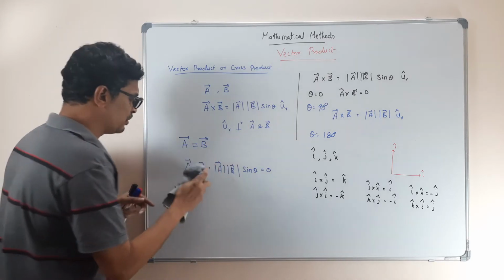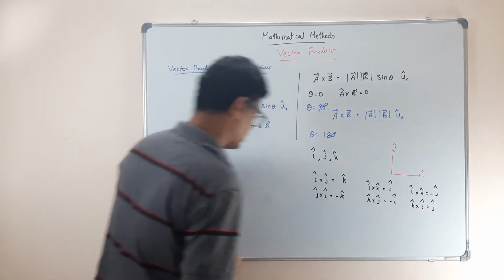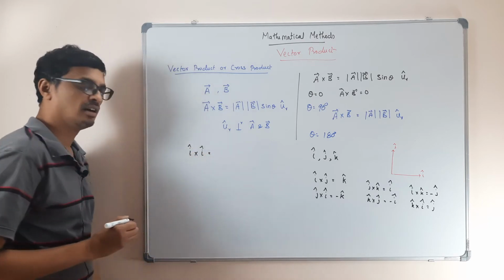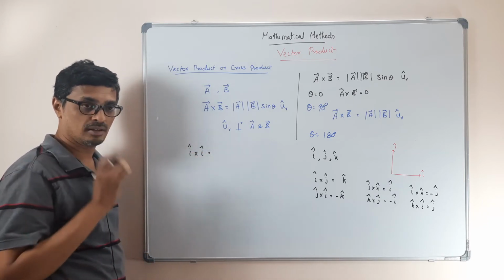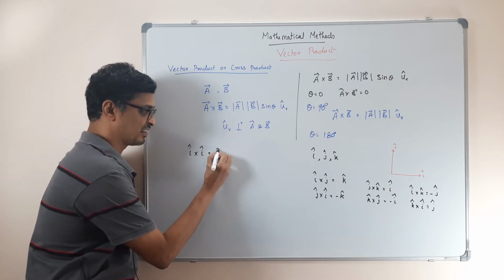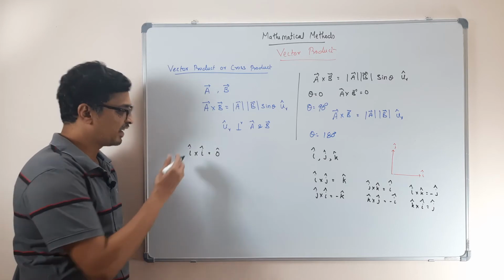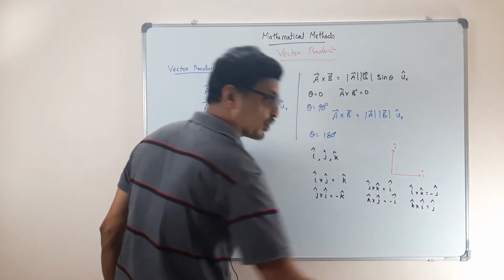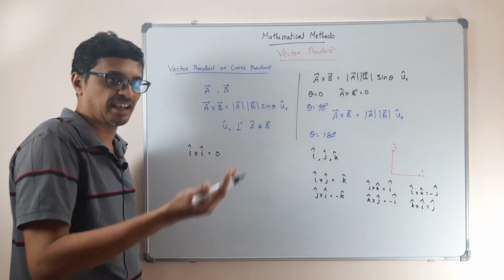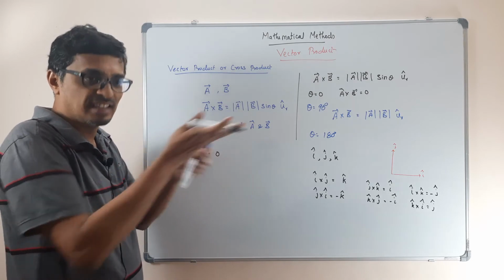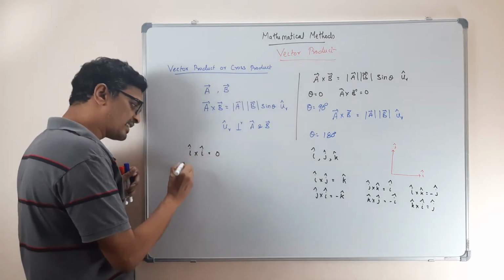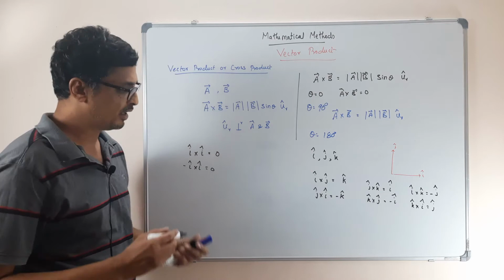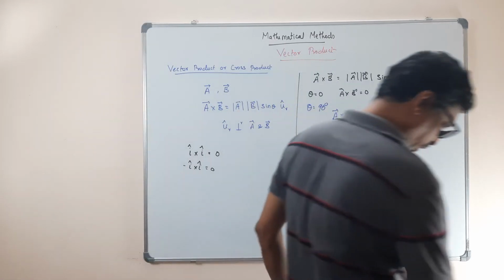Okay, now when you know this, tell me what will be I cap cross I cap? Yes, 0. So I cap cross I cap equals 0. Similarly, J cap cross J cap is also 0, K cap cross K cap is also 0, because they all have the same direction. Or even if you have minus I cap cross I, that is also equal to 0, that is anti-parallel.